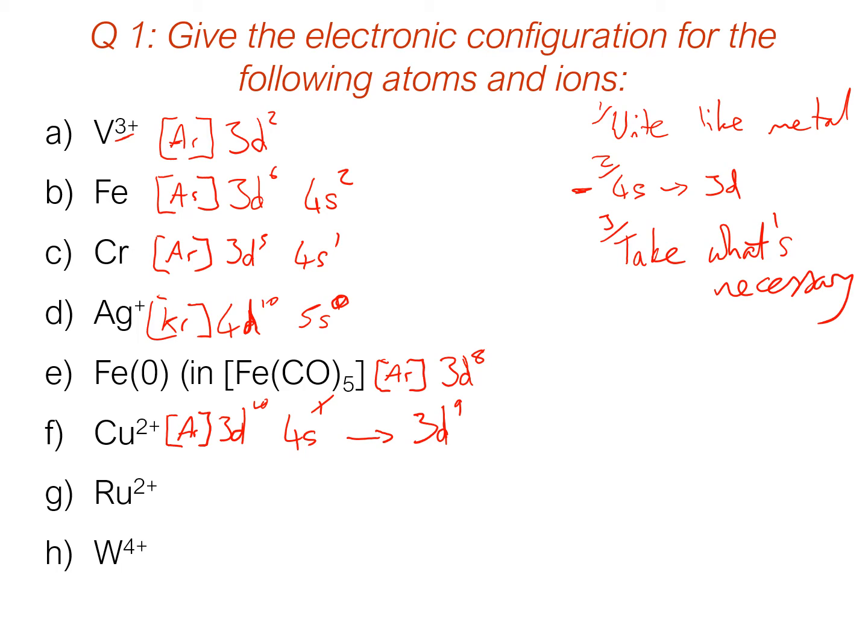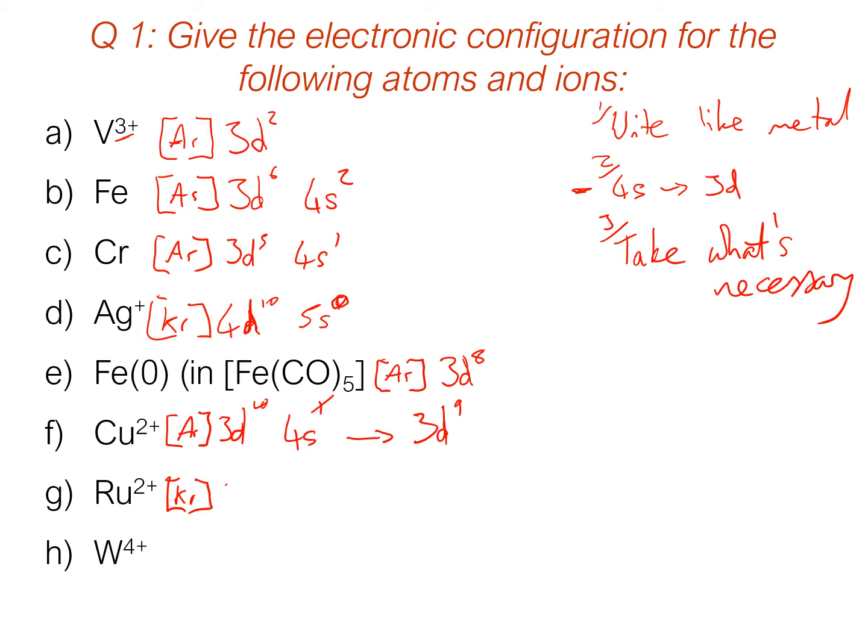Ruthenium 2 plus, again down the periodic table a bit, it's in the second row below iron. So this has an inner electron configuration of krypton. Then we work out the electron configuration exactly the same again.